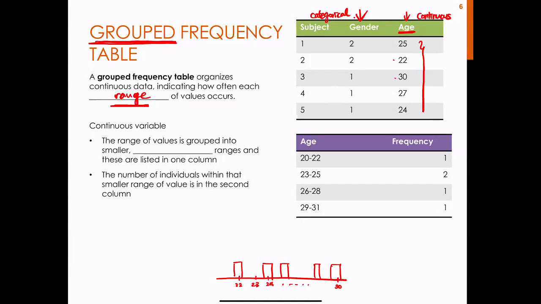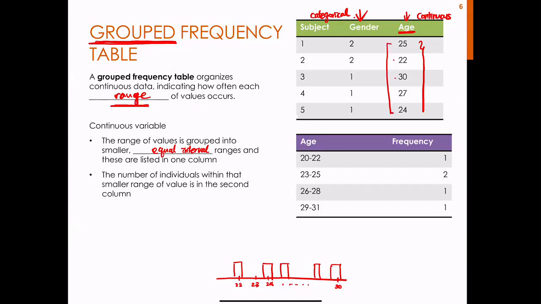So we group our variable into smaller equal interval ranges. There are different rules for the equal interval, but it's totally up to you. You can just choose.